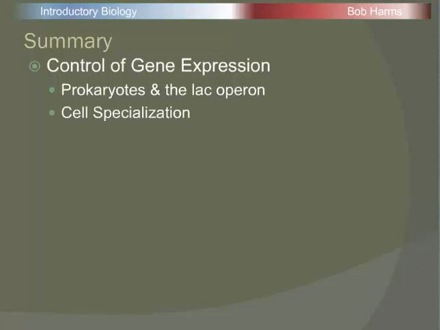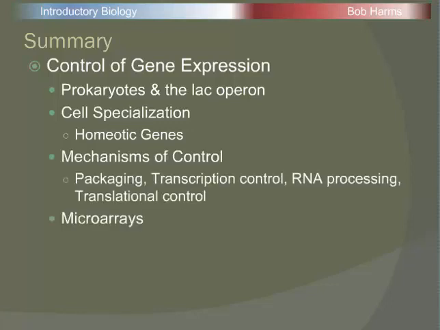Cell specialization is due to differential gene expression in multicellular organisms, and we looked at those homeotic genes playing a major role in development of different cell types and different structures within an organism. Then we talked about lots of different mechanisms of control, whether it's the packaging, controlling transcription, processing, or translation. Lots of ways your cells can regulate which genes are turned on and which genes are turned off.